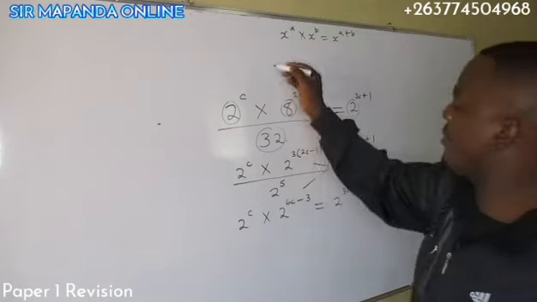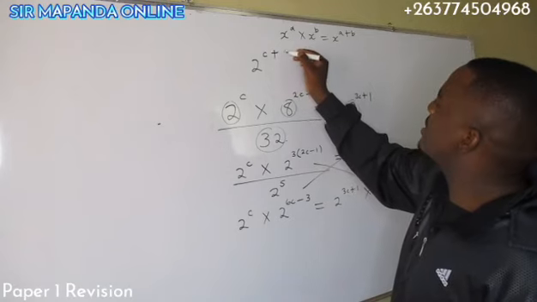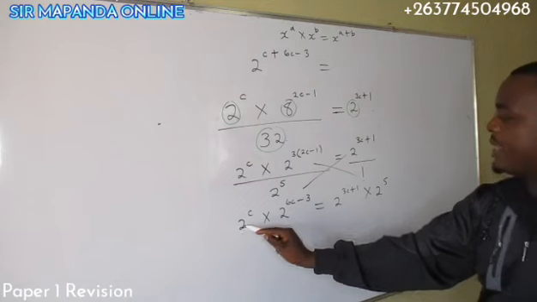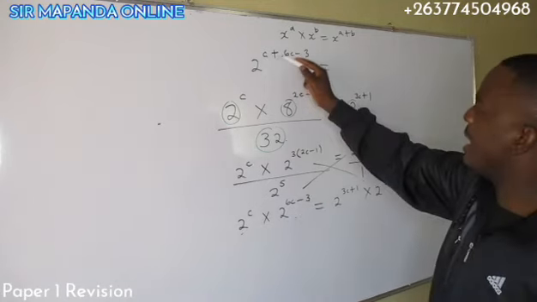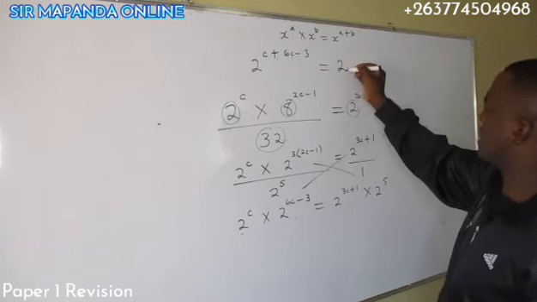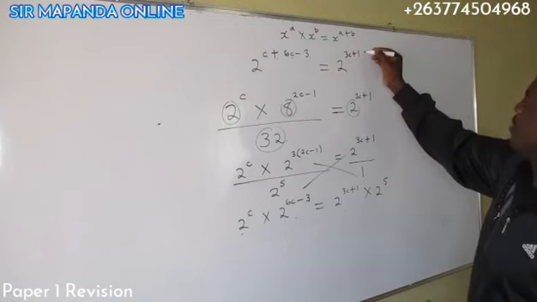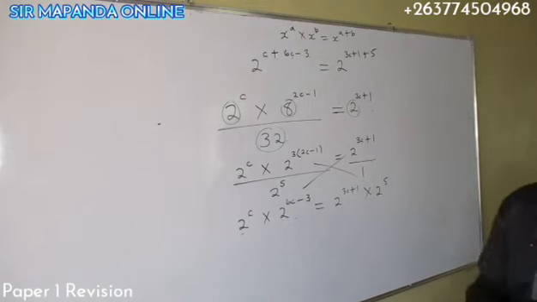So here I'm going to write it as 2 to the power of c plus 6c minus 3. So I'm multiplying numbers with the same base, so I'm going to add the powers. You get c plus 6c minus 3. Then on the right side, you get 3c plus 1 to be added with this power, which is 5. I hope you are following.